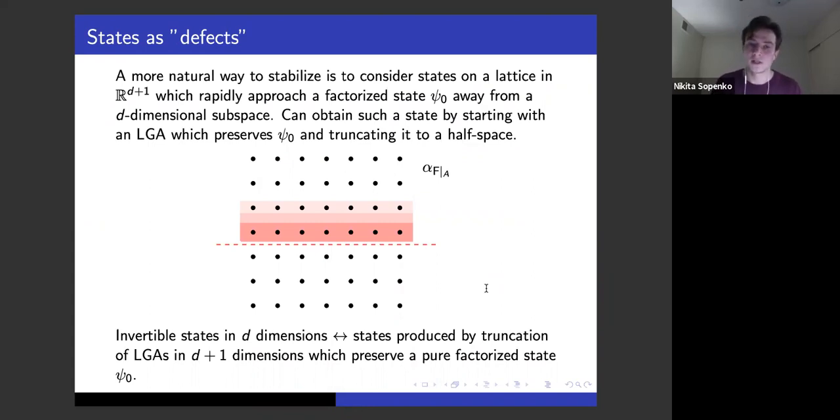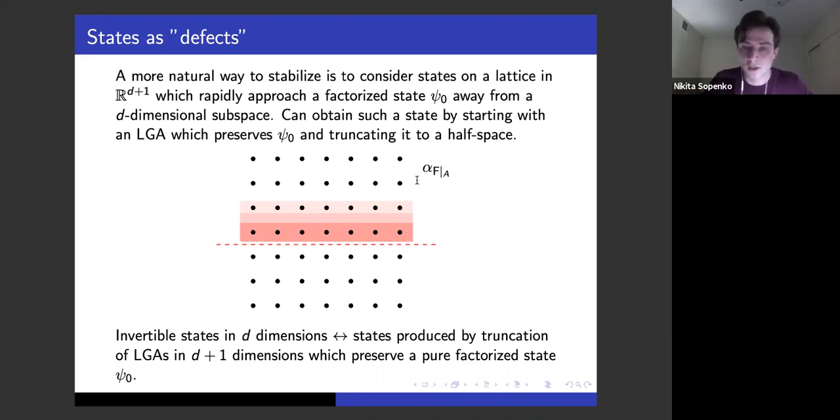is to consider our system to be embedded into some high dimensional system. And instead of considering LGAs which are localized on d-dimensional space, consider LGAs in this high dimensional space, but which preserve some fixed pure factorized state.